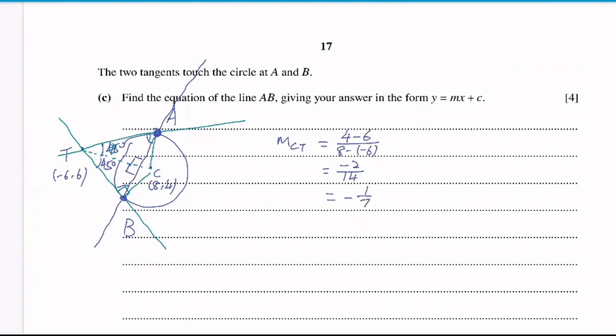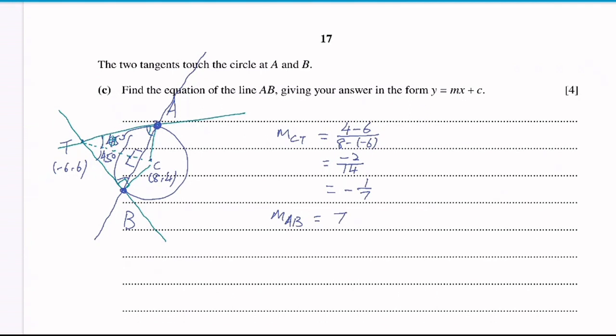So automatically we know that the gradient of AB that we have here is 7. So that gives us the gradient of AB already. That's the first step that we found from there.